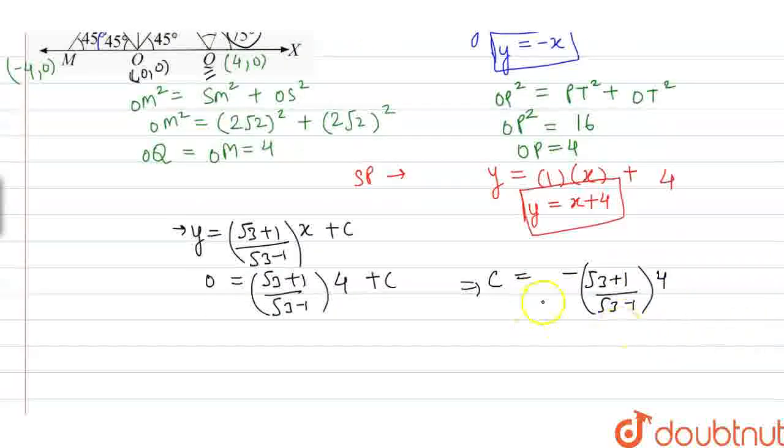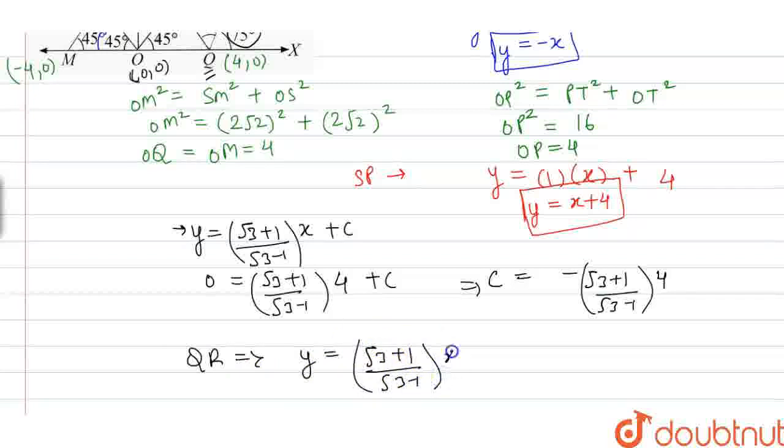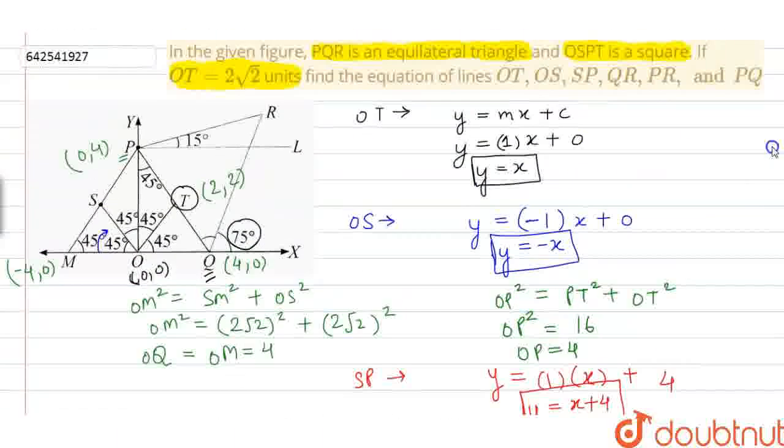Right, so now we have obtained the value of c, and now we can write the equation for QR. That would be y equals mx, that is (root 3 plus 1) upon (root 3 minus 1) into x, and the intercept is minus (root 3 plus 1) upon (root 3 minus 1) into 4. Right, so this becomes the equation for line segment QR.